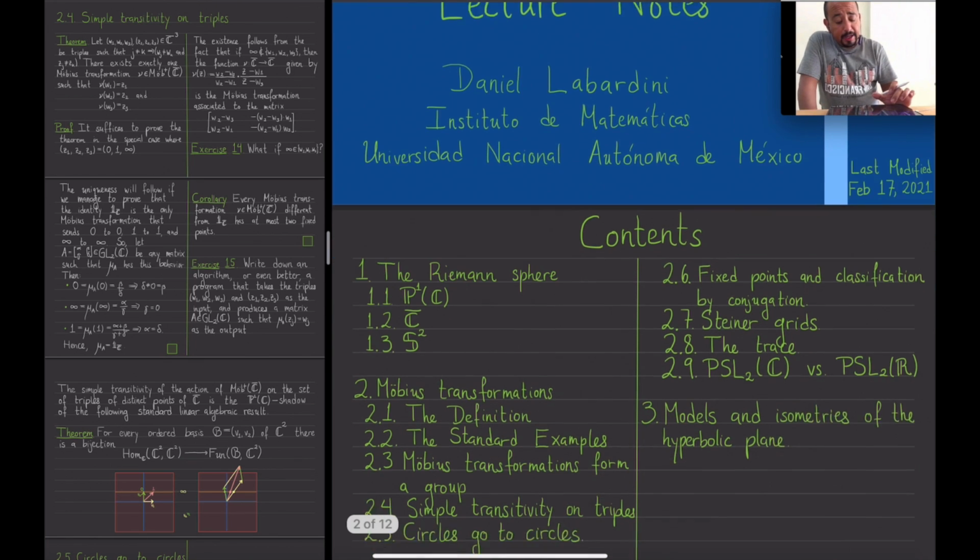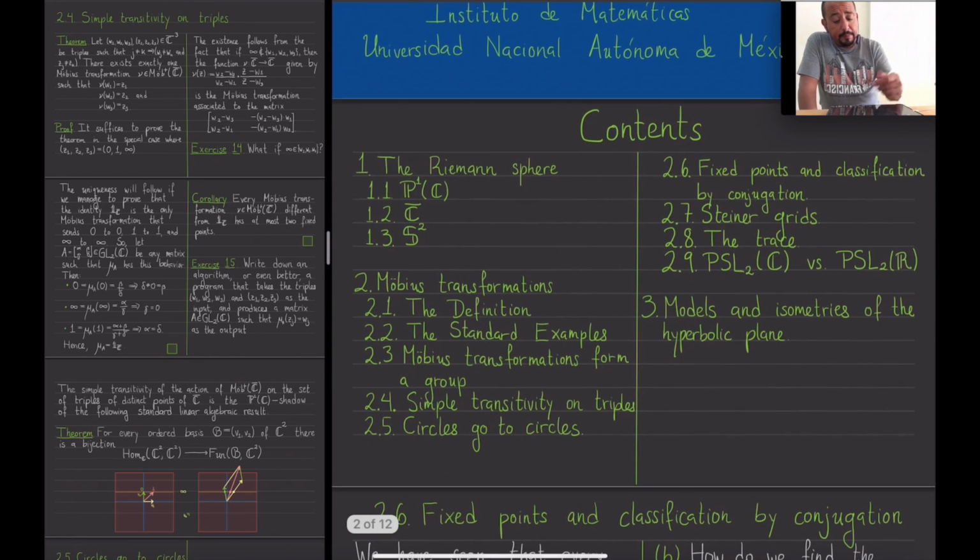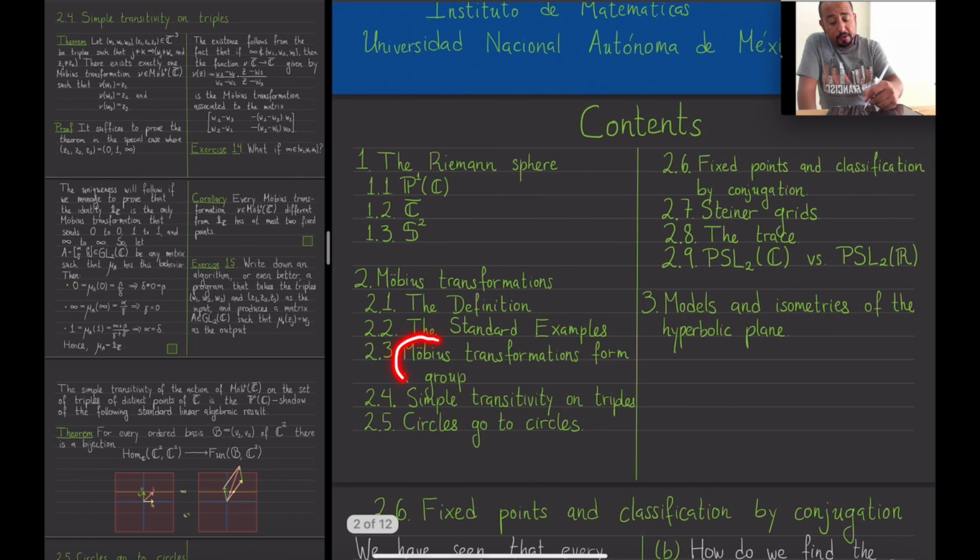Okay, so last class we spoke about the group structure of the Möbius transformations of P1C and the group structure of Möbius transformations of C bar. What we saw was that the fact that the Möbius transformations of C bar form a group can be easily reduced to the fact that the Möbius transformations of P1C form a group.